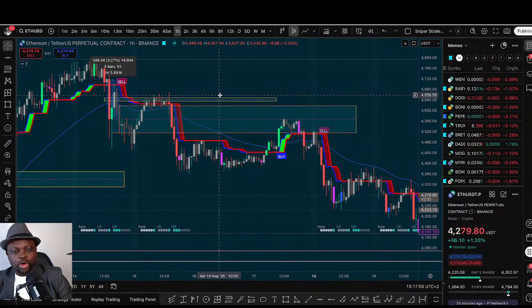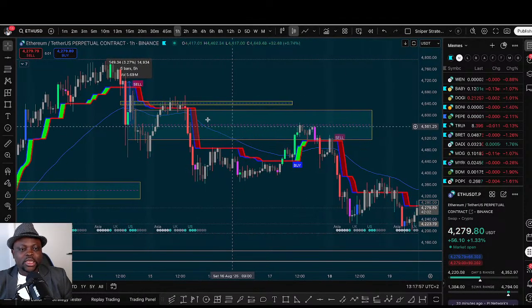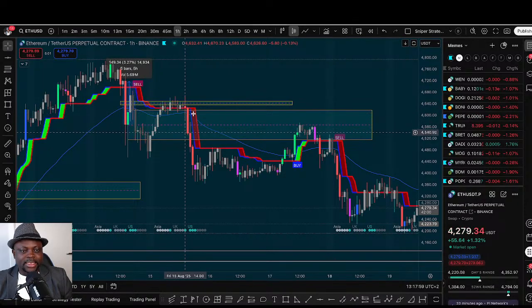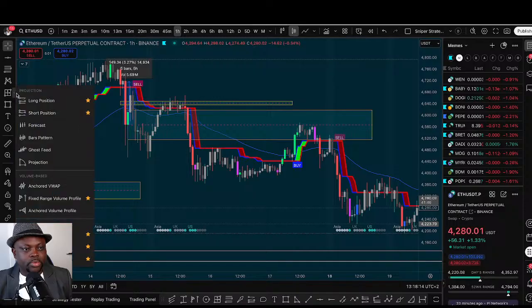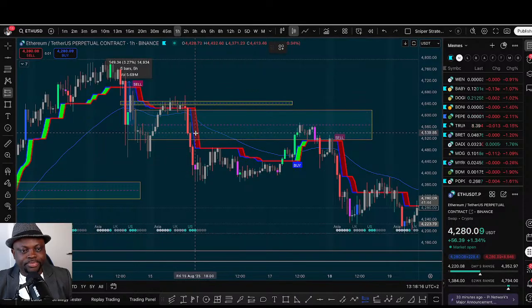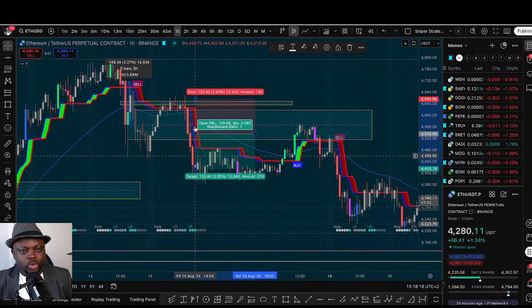But if you want to be conservative, you are waiting for this other candle here, this engulfing candle. Then you place your order here. You take the trade here, and you see that the stop loss should be right back there.